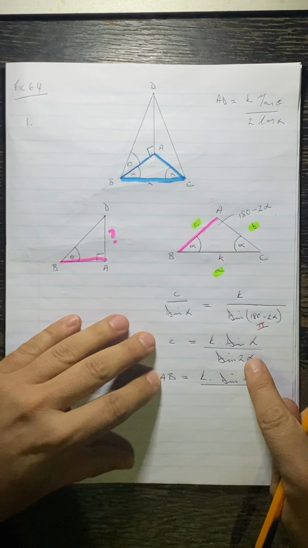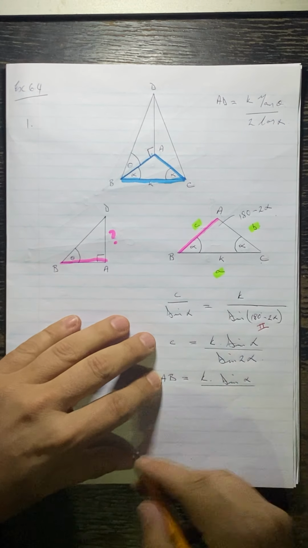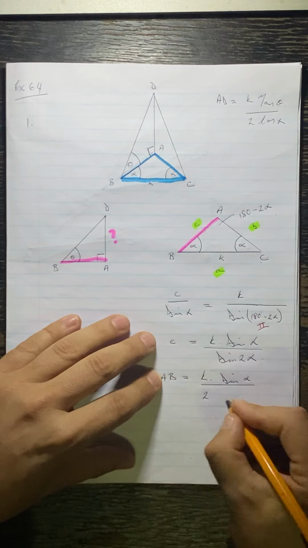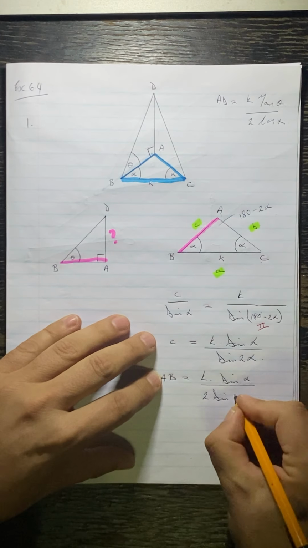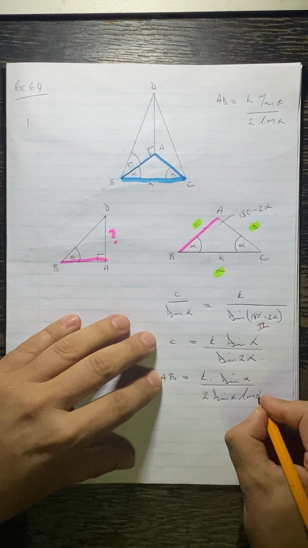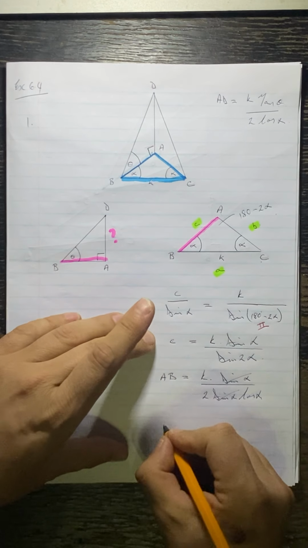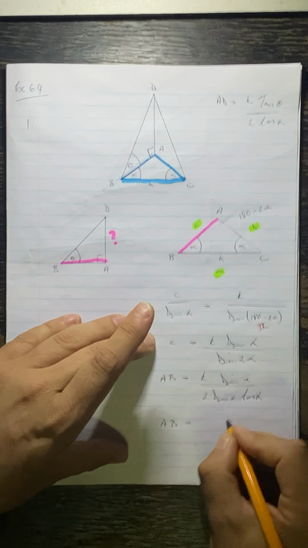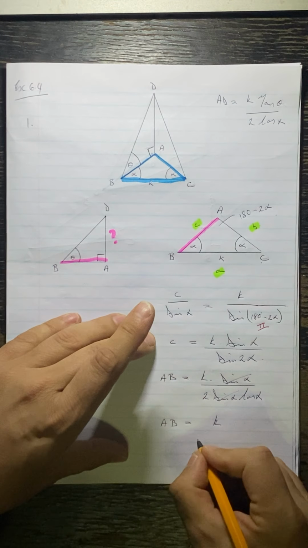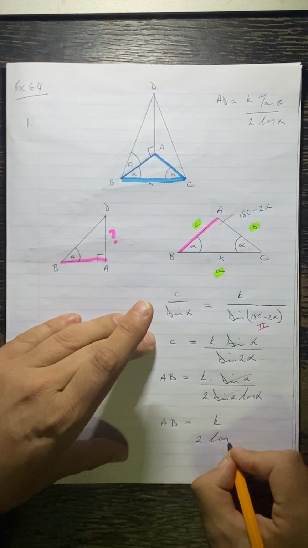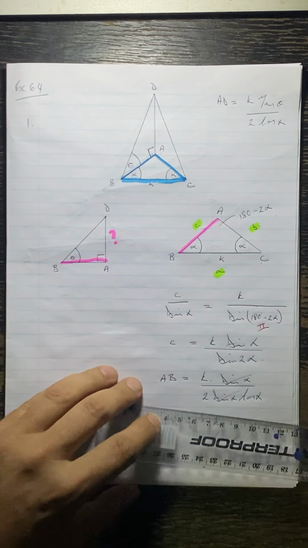Now what we have here is a double angle. It's a sine double angle, so I'm just going to expand that. So it's 2 sine alpha cos alpha. This sine alpha will cancel with that sine alpha, and we're left with AB is equal to K over 2 cos alpha.